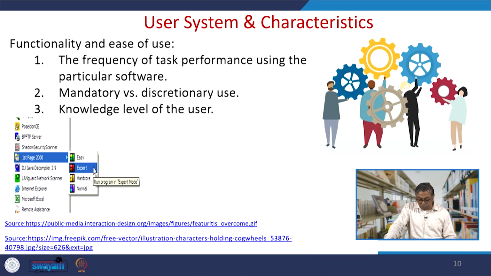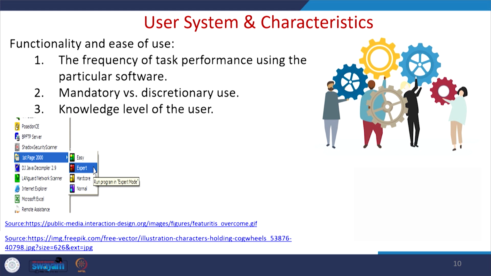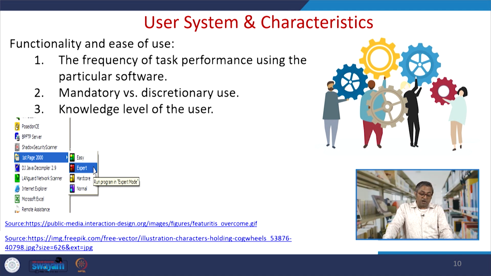Now, when we talk about user system and characteristics, functionality and use: the frequency of task performance. What is the frequency of task performance using particular software? If you are using it frequently, then you may be an expert in this discipline. Some features are mandatory, some features are discretionary use. So, this user system has to propose which feature is mandatory and which is discretionary use.